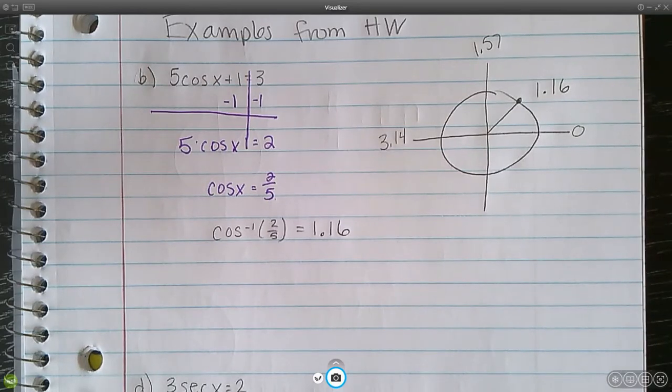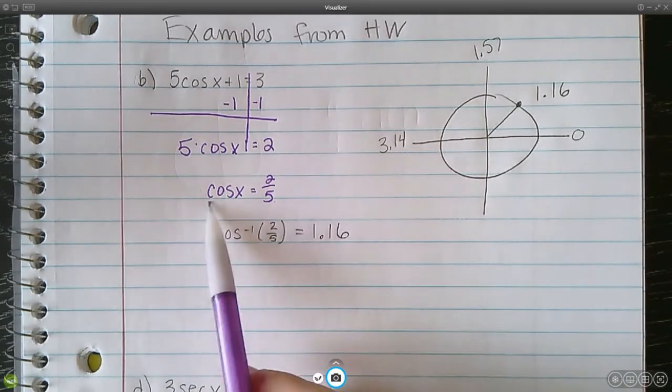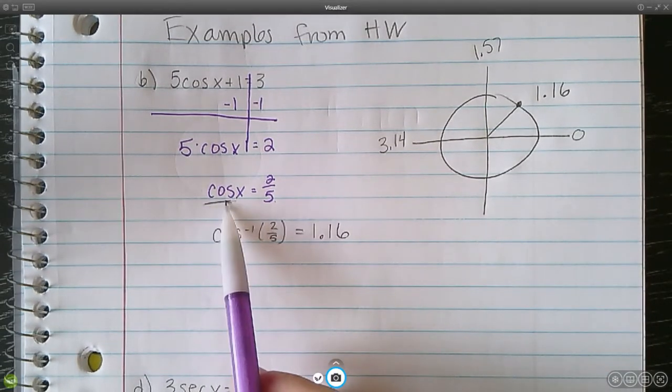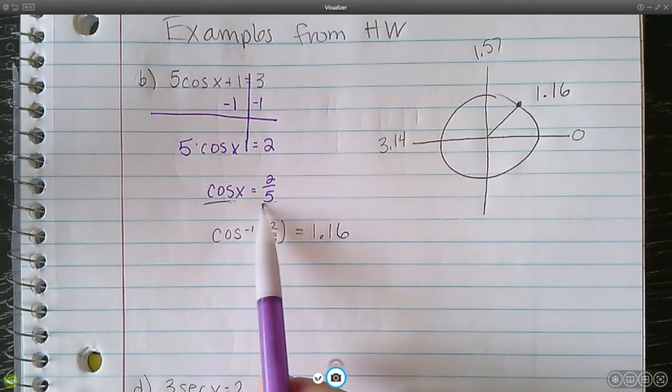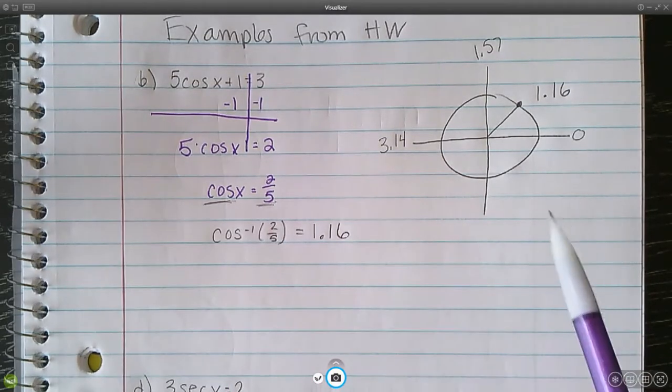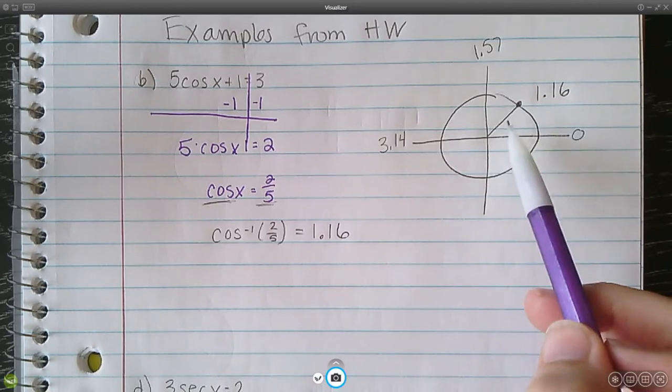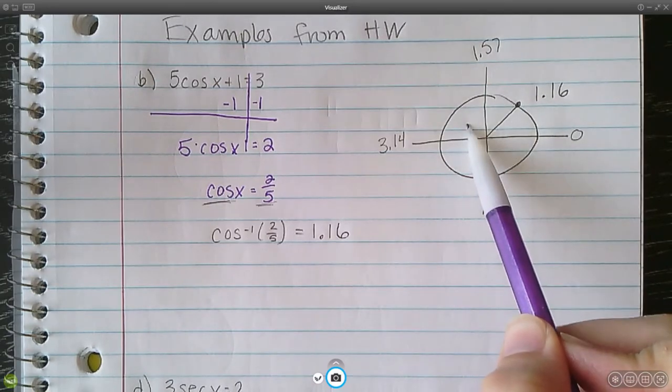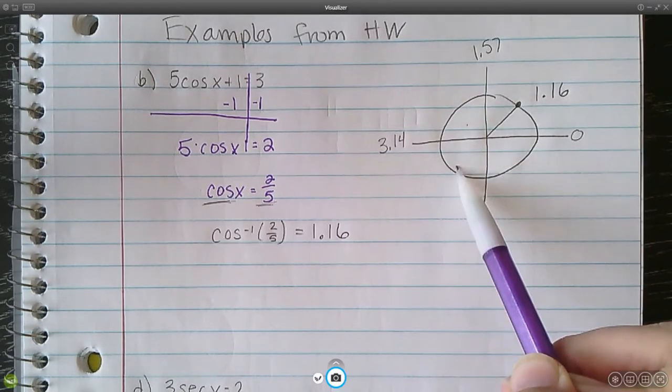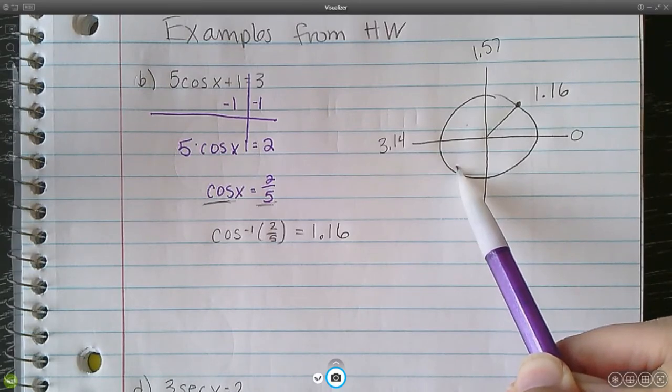So how do we find where the other one is? Well, we have cosine, right? Cosine is talking about your x value, and it's positive. So here, your x value is negative, so it's not going to be there. Here, your x value is negative, so it's not going to be there.